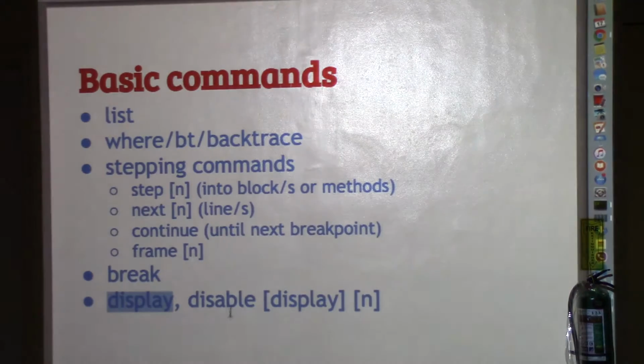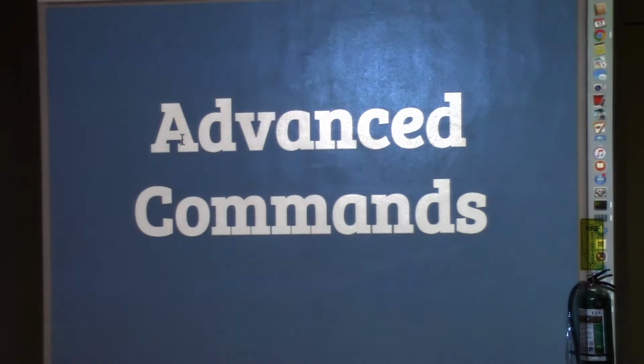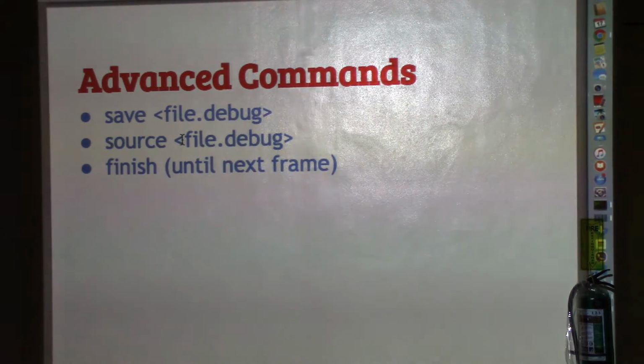So that's what disable does. And then for advanced, well, not really a lot. I haven't really used a lot except for these 3. Finish is basically using multiple nexts until the frame ends.